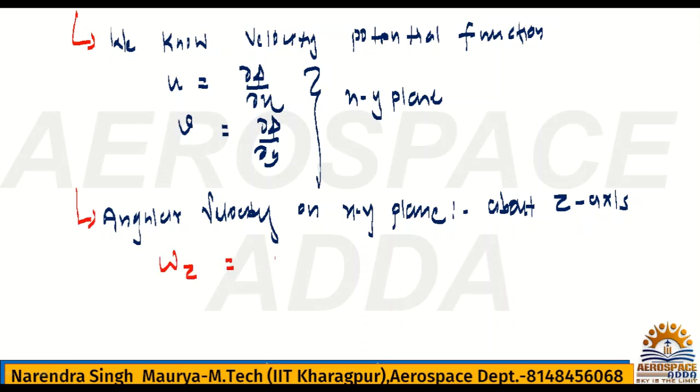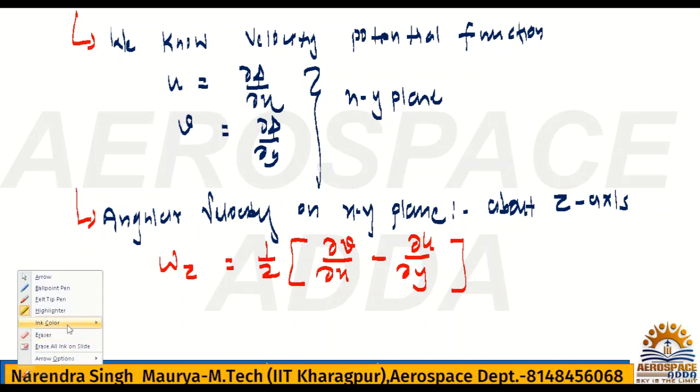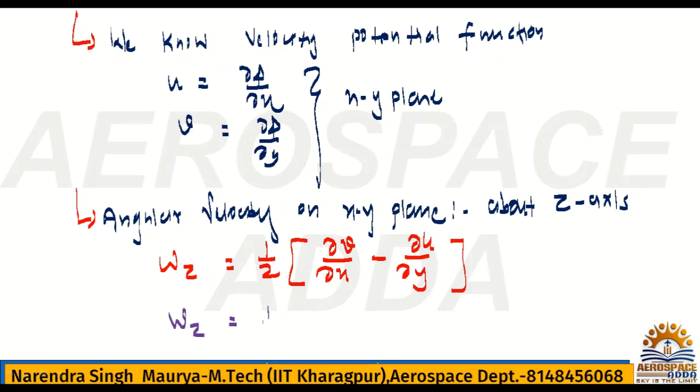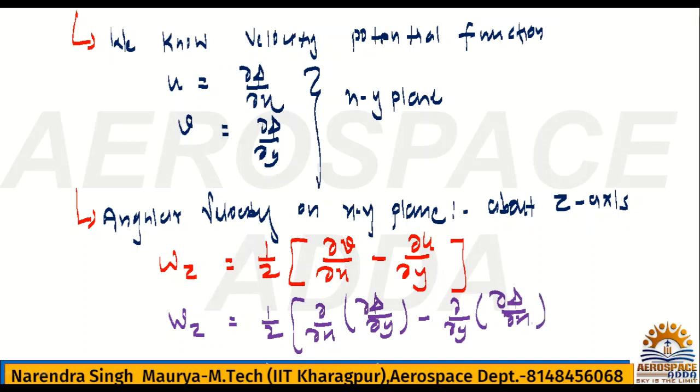Omega z is 1 by 2, and we need to satisfy this. What will we get? 1 by 2 dou by dou x. What is v? Dou phi by dou y. What is u? Dou phi by dou x.